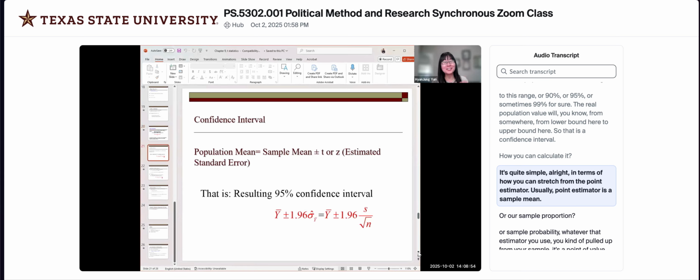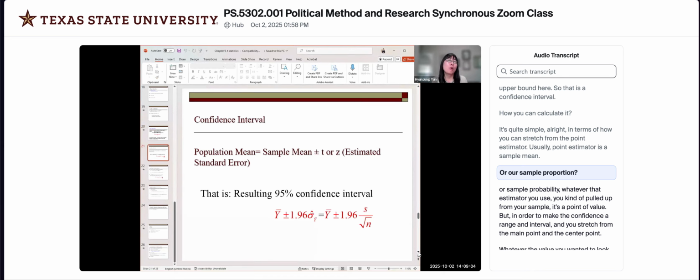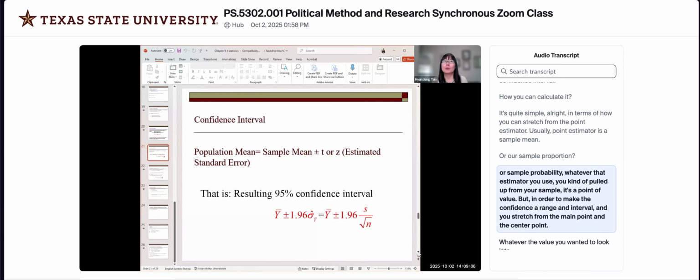It's quite simple, in terms of how you can stretch from the point estimator. Usually the point estimator is a sample mean or sample proportion or sample probability, whatever estimator you use, which you pull from your sample. It's a point value.